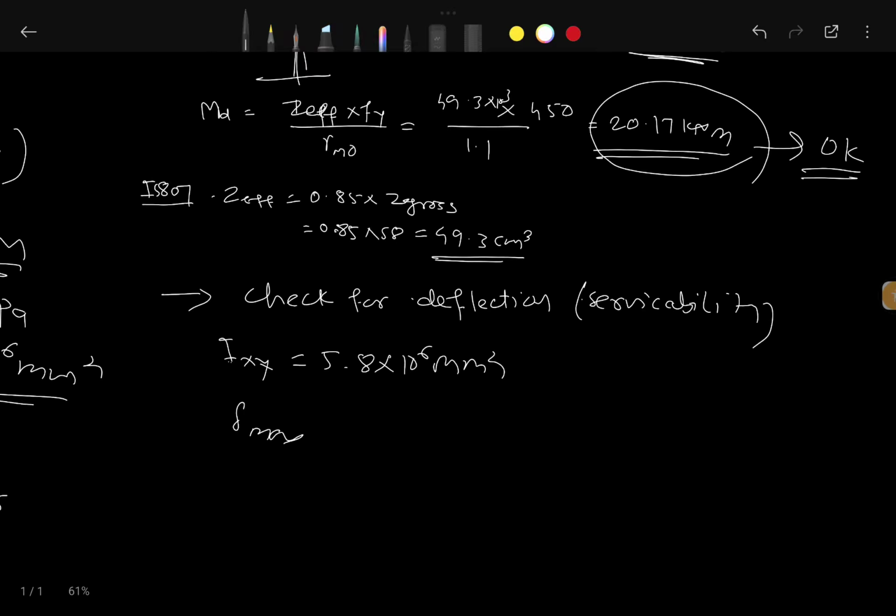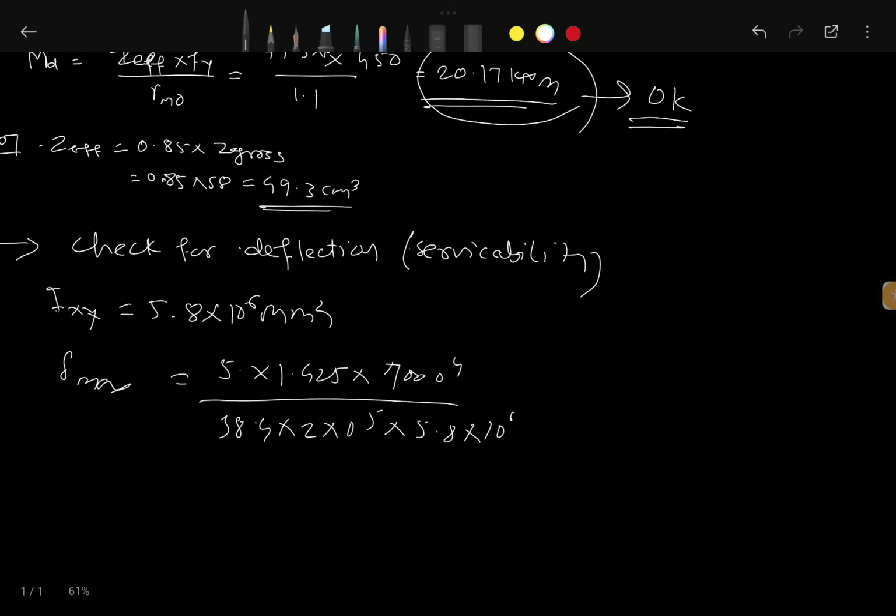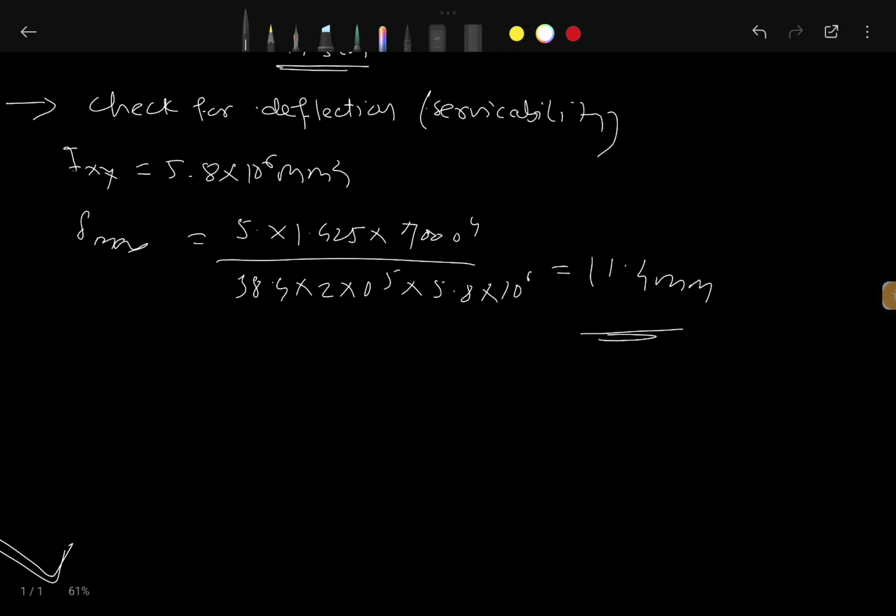Delta max is equal to 5WL raised to 4 divided by 384 EI, that is 5 into 1.425 into 7,000 raised to 4 divided by 384 into 2 into 10 to the power 5 into 5.8 into 10 to the power 6. The deflection value will come 11.4 mm. Permissible deflection is L divided by 180, 7,000 divided by 180, the value comes to 38.9 mm.